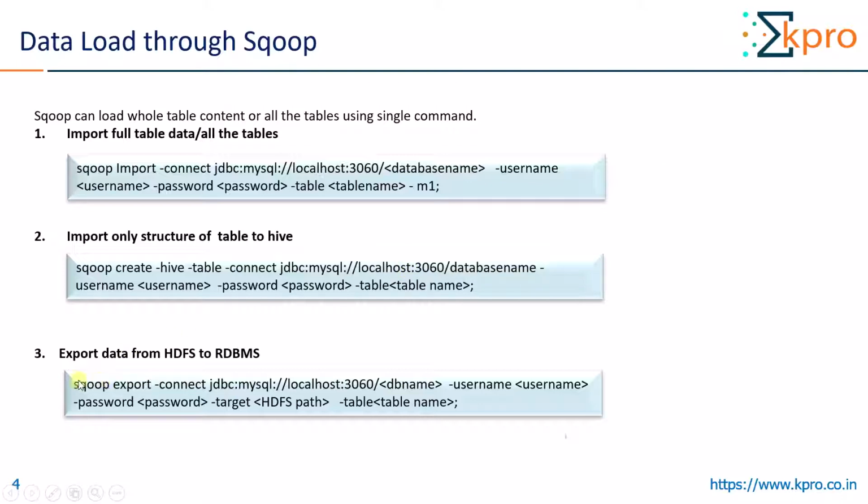If you have to export the data from HDFS to RDBMS system, then we have to use the export argument, and the rest of the connection string remains the same, and we have to provide the table which is there in the HDFS system and the path where the data is residing.